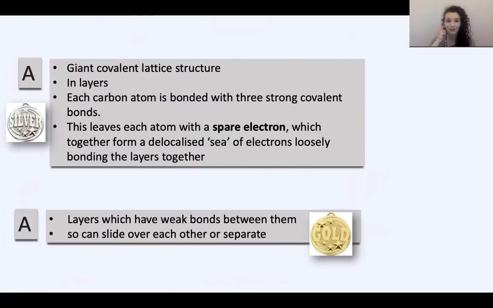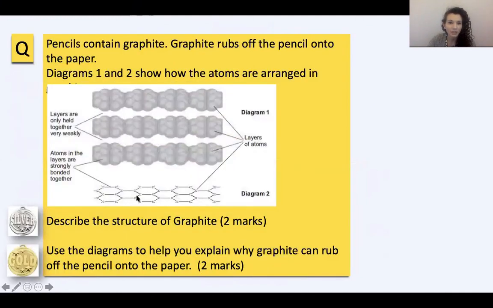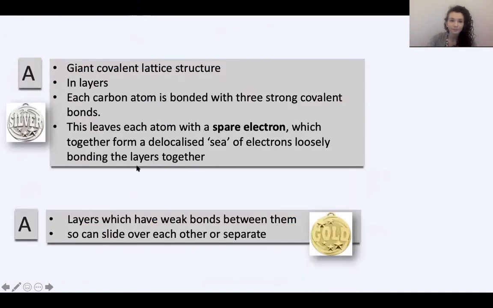Brilliant, well done. So the structure of graphite, it's a giant covalent lattice structure. Remember, it's in layers. Each carbon atom is bonded with 3 strong covalent bonds. So we can see here, each of these carbon atoms, 1, 2, 3, 3 strong covalent bonds.